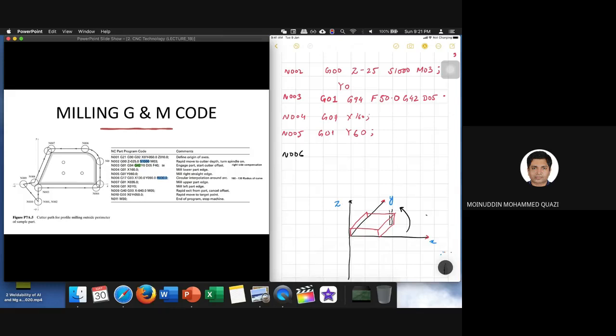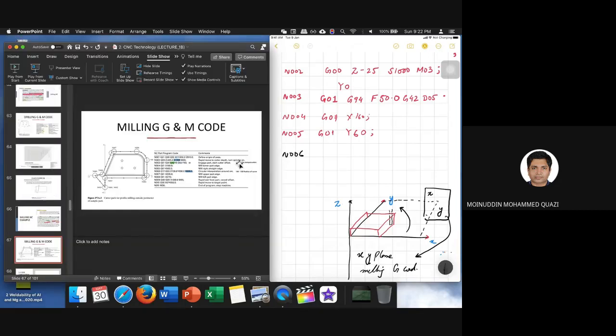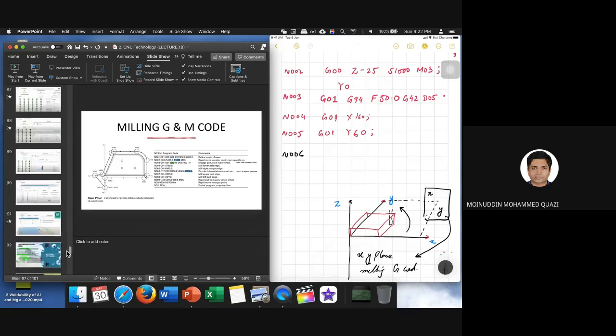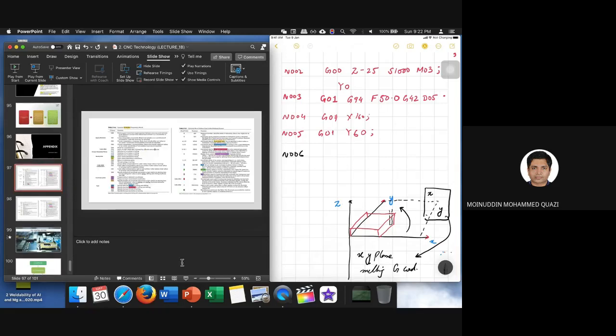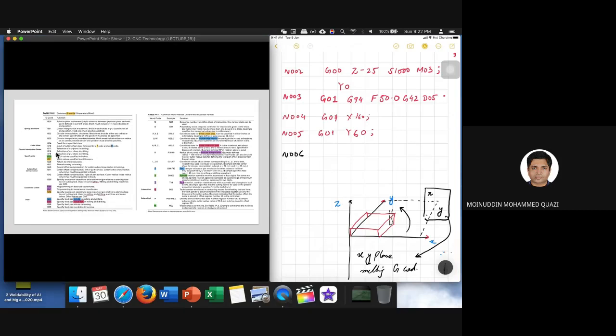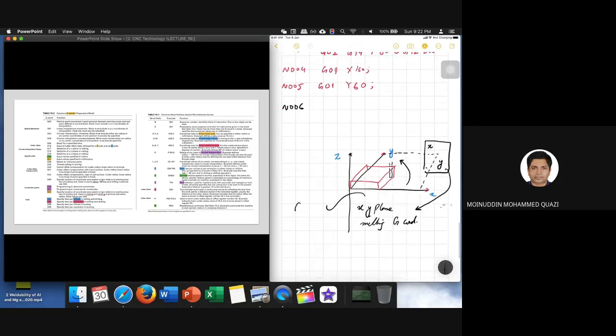The plane in which I am working is the XY plane. The G code for XY plane milling can be seen in the table of G codes. You can see G17, selection of XY plane in milling.